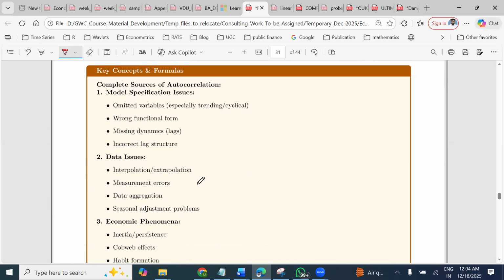For example, omitted variables, wrong functional form, missing dynamics, lag is missing, incorrect lag structure. In all of these cases you will have autocorrelation. Then in case of data issues: interpolation and extrapolation, measurement error, data aggregation, seasonal adjustment problems. In all these cases the autocorrelation problem will be there.